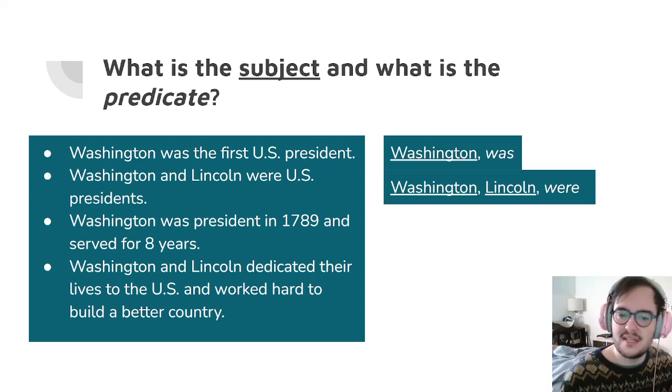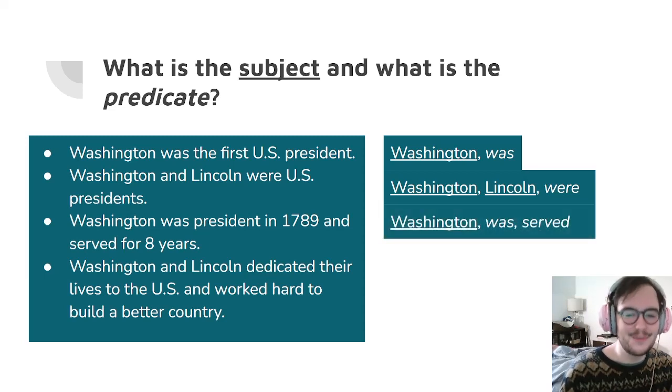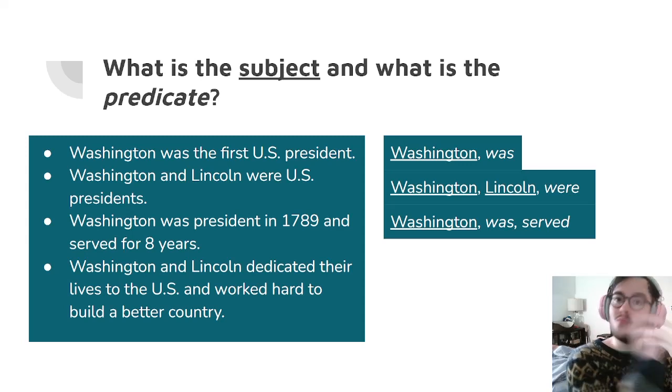Washington was president in 1789 and served for 8 years. The subject is Washington, and there are 2 predicates, Washington was and Washington served. You see there are 2 verbs, but still only one relationship. Washington was and Washington served.